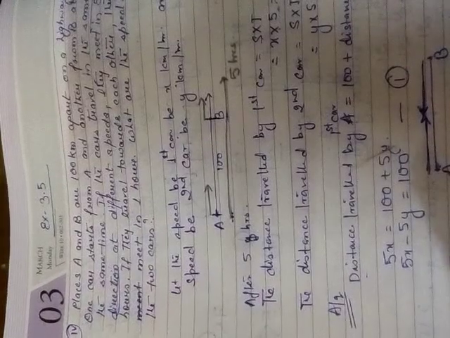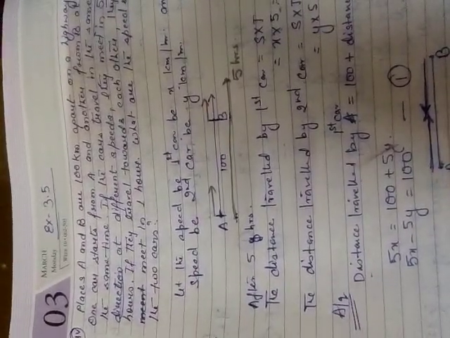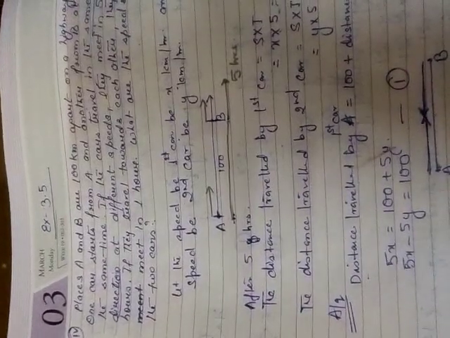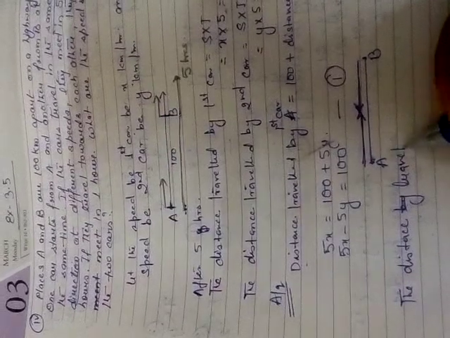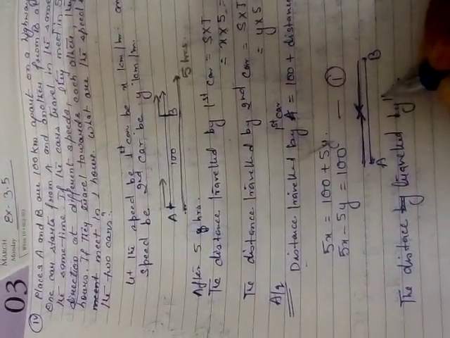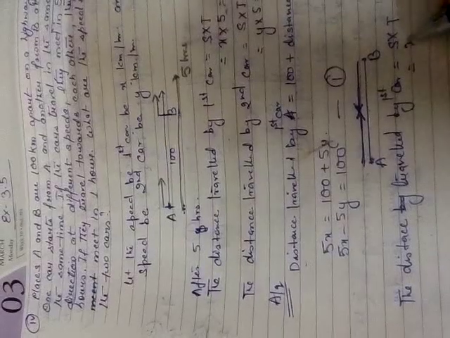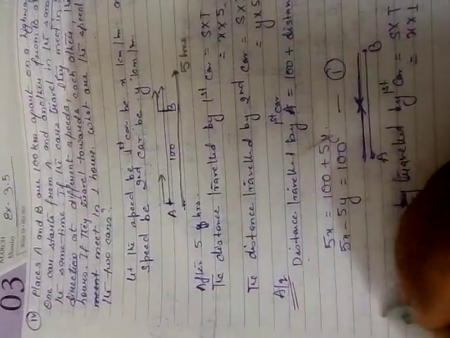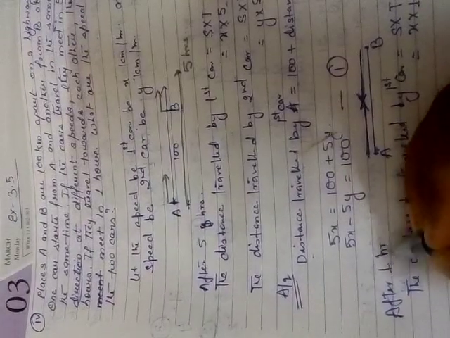So the distance traveled by the first car will be, again the same formula, speed into time, that is x into 1, because this is after 1 hour.